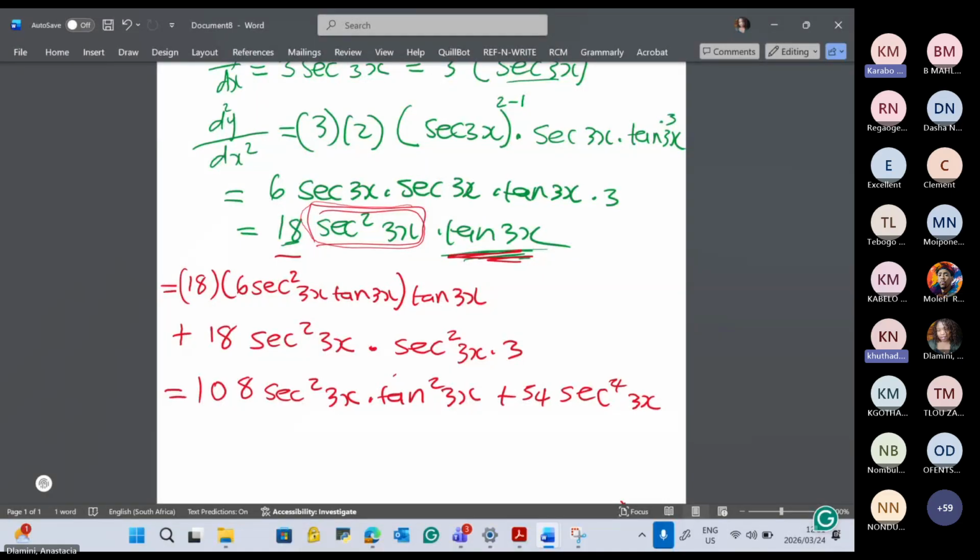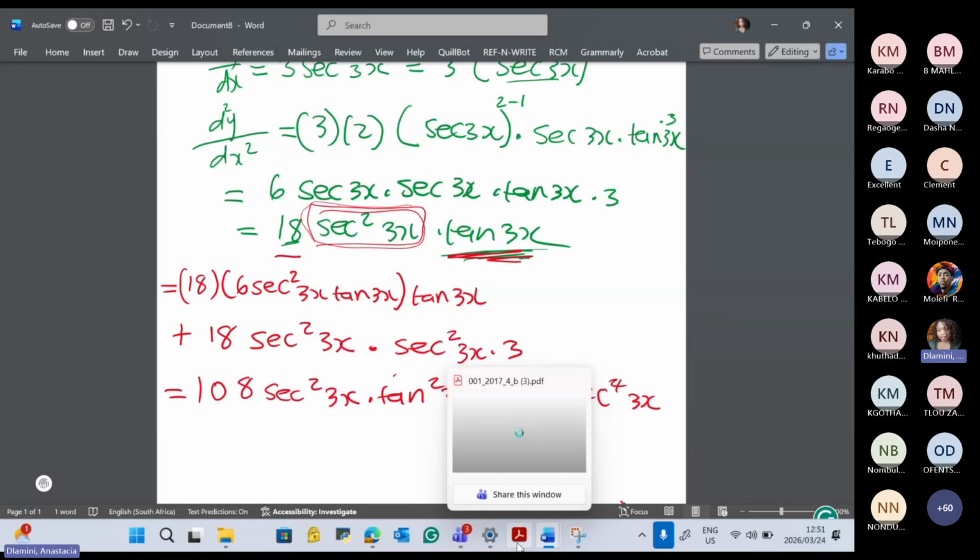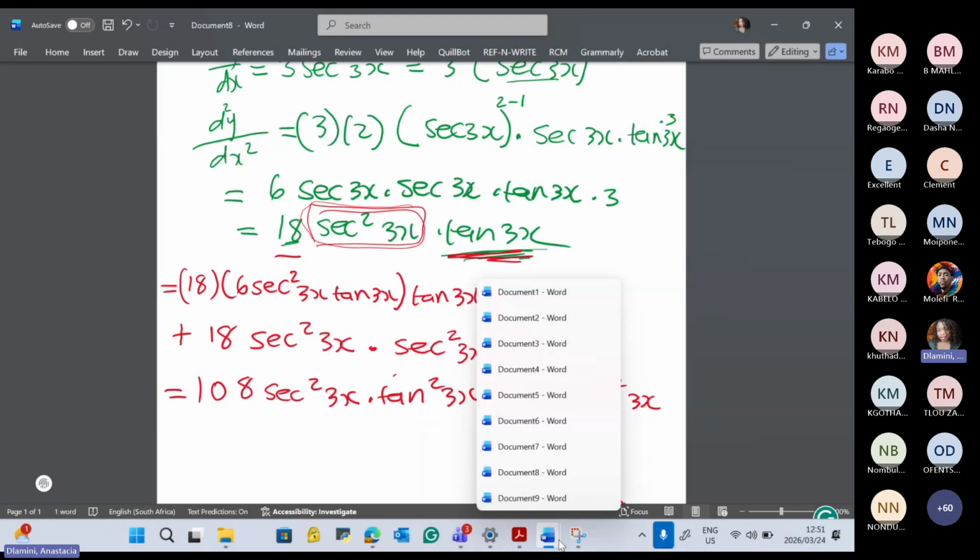Yes, because it becomes longer. Sometimes if you don't change them to the identity, the steps become longer, then you become confused as well, right? But it doesn't mean that you are incorrect. In this one, we changed into the identity, and this is what we got.